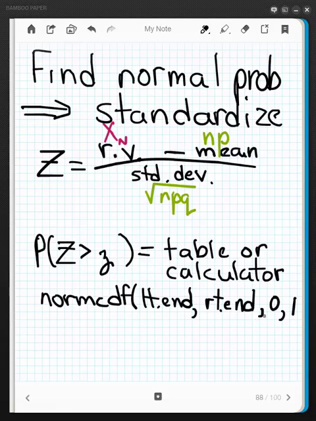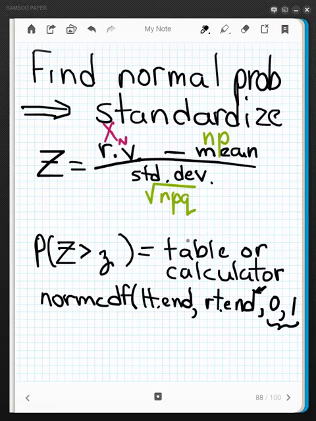If you have an older operating system, you don't have to put these in. You just enter this one and hit the return key. If you have the newest operating system on a TI calculator, it already has 0 and 1 put in, so you just enter, enter, enter, and then it pops you out to your screen, and you hit enter again, and it gives you the normal probabilities. So that's all you would do here.